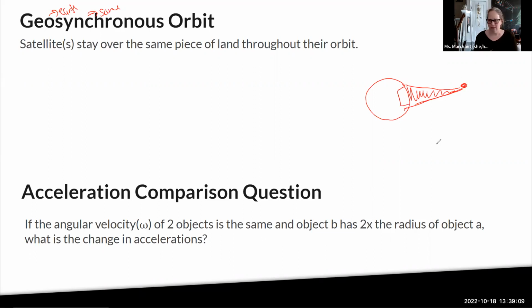And so as it travels around the Earth, it's traveling at a different rate than the Earth is rotating. Okay? So you have to wait for the satellite to come into the next place.